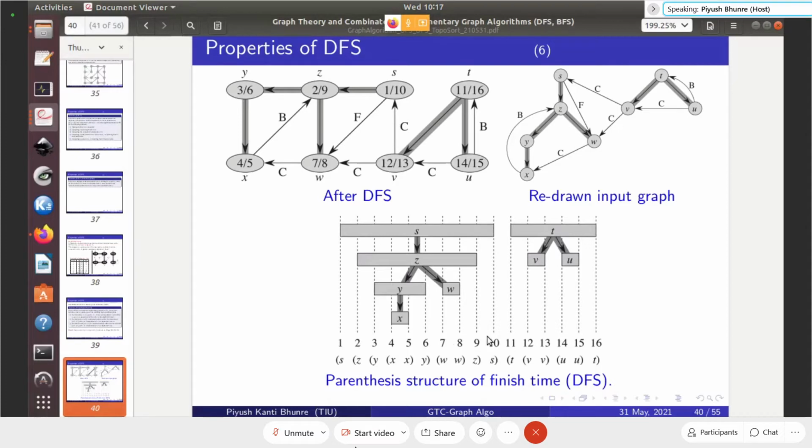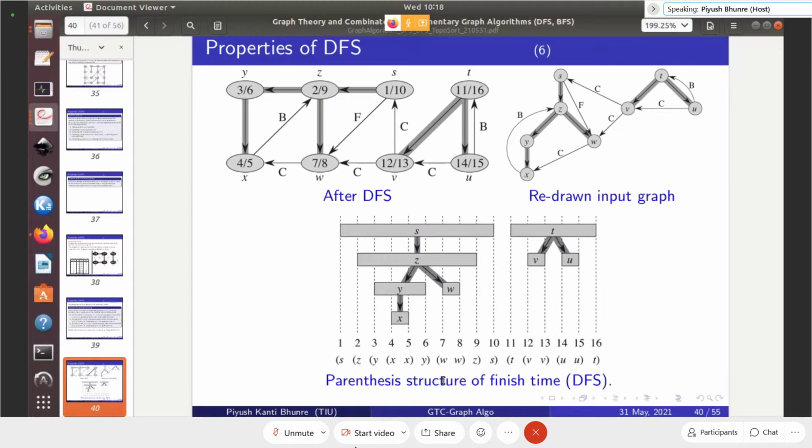So for S it starts at 1 and ends at 10, and for Z the start time is 2 and the end time is 9, and similarly Y, W and X. If you put the parentheses just like shown in the figure, it forms a well balanced, parenthesized expression, just like a mathematical expression.